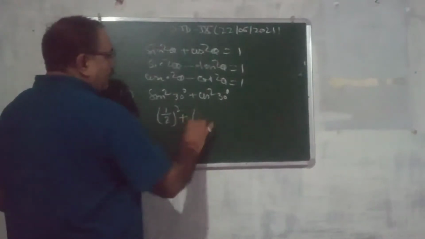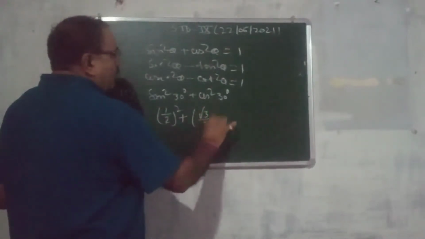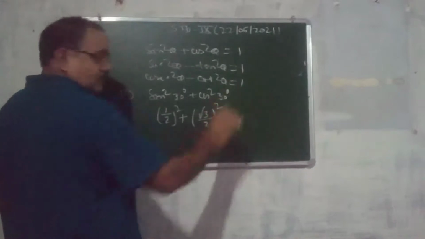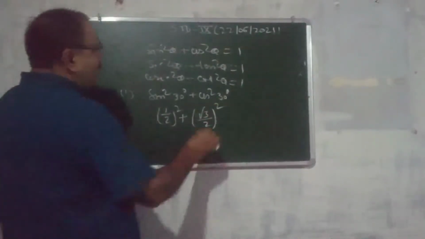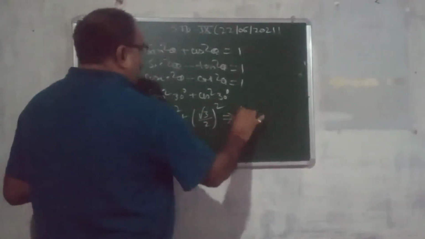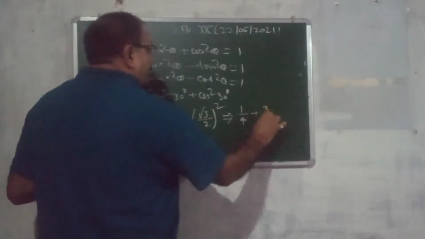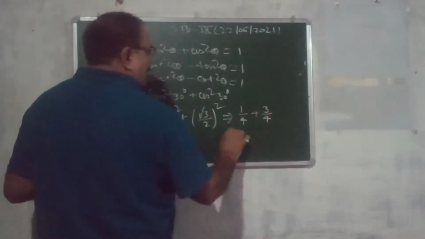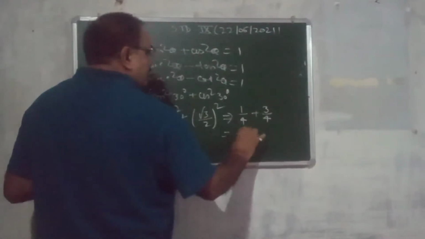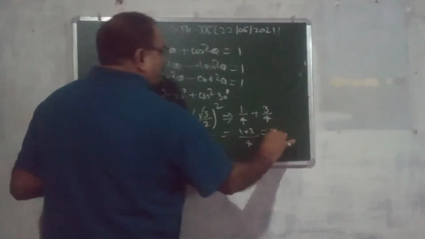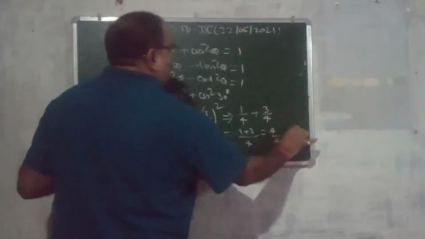Cos 30 is root 3 by 2, squared. Now we have to simplify. 1 by 4, root 3 square means 3, 2 square means 4. So this is 1 plus 3 by 4, that is 4 by 4, equal to 1.